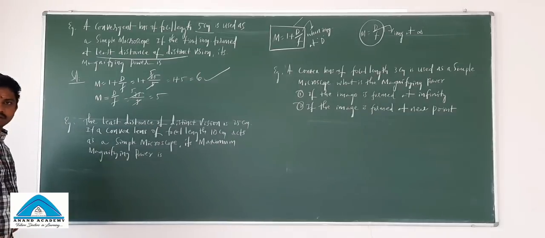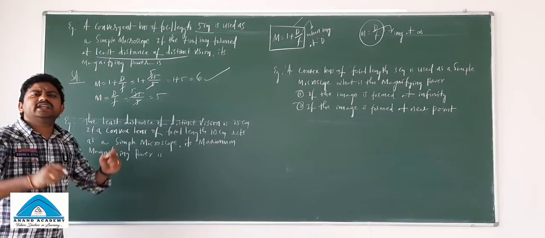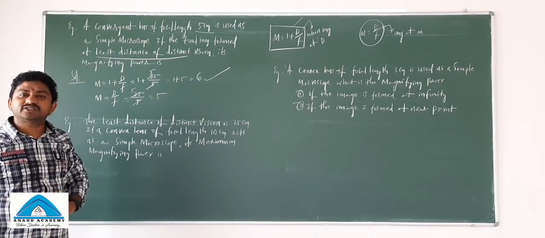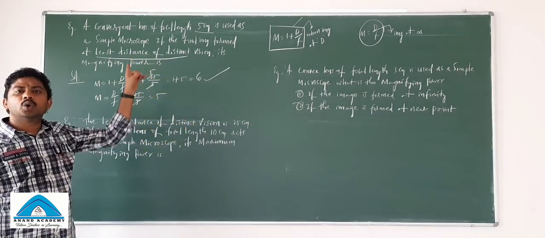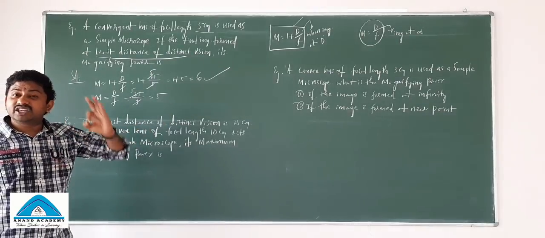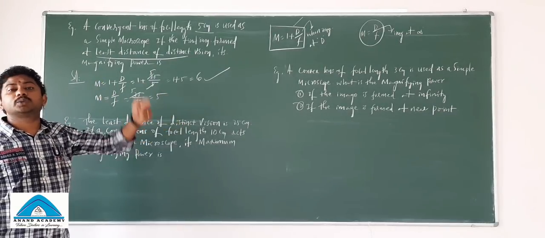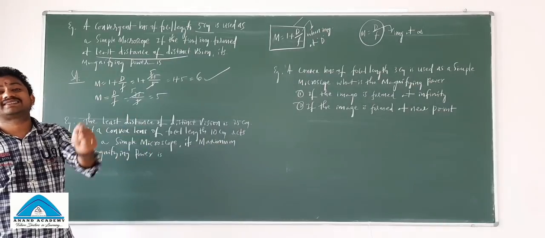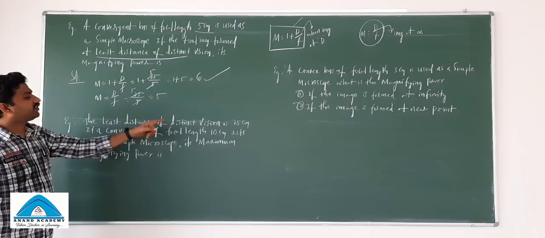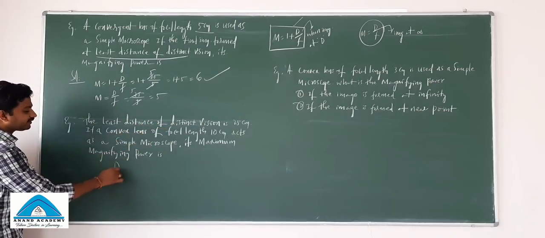Now, second question. No matter how many numericals you solve in the simple microscope concept, only these two formulas will be used. And these two formulas will also be useful for us in the next coming topics. The least distance of distinct vision is 25 centimeters.